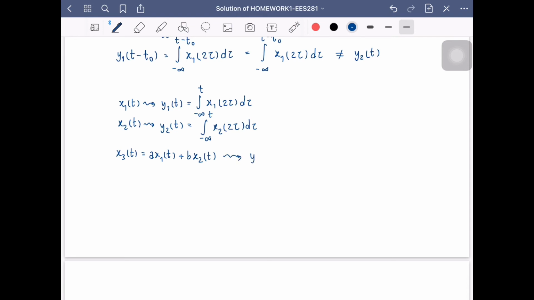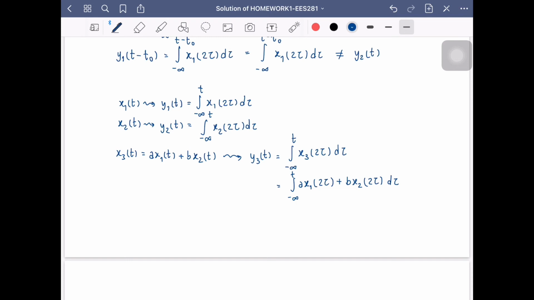Then it leads to the output y3 equal to the integral from minus infinity to t of x3(2 tau) d tau. Since x3 equals a x1 plus b x2, this equals the integral of a x1(2 tau) plus b x2(2 tau) d tau.